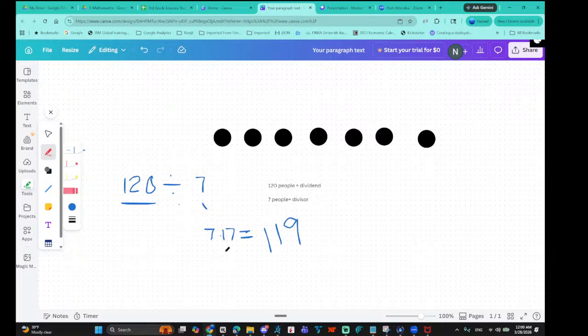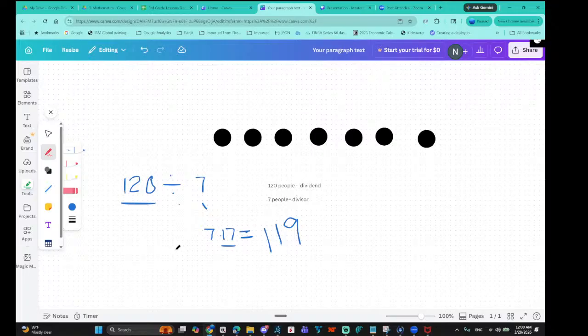Okay, so this 17 number is going to be the number of the teams. Since we did 7 people, the 7 represents the amount of people per team, and 120 represents the total amount of people.